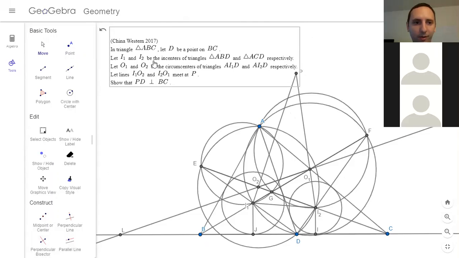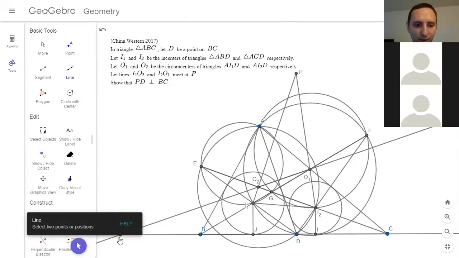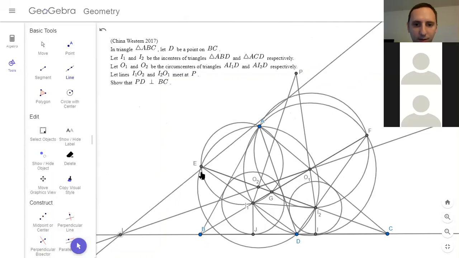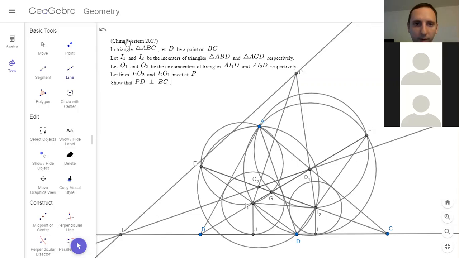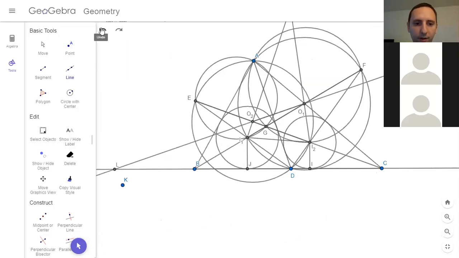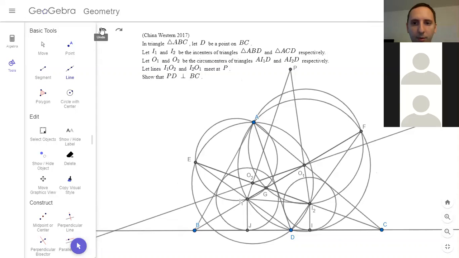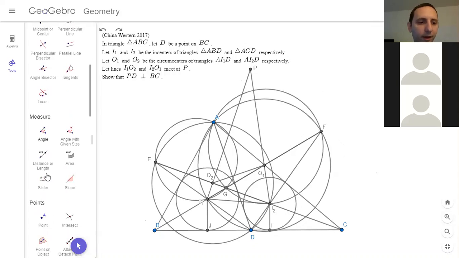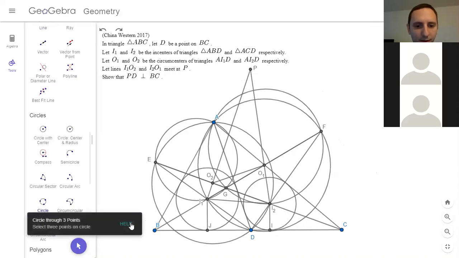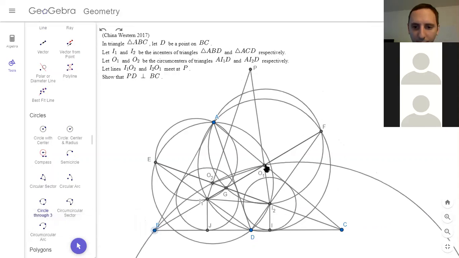Sorry, I know you said something was cyclic, but let me first try this. Oh, I don't think that does anything. Okay, all right. So what did you say was cyclic? O1, O2, B, C. All right, so we have lots of cyclic quadrilaterals.